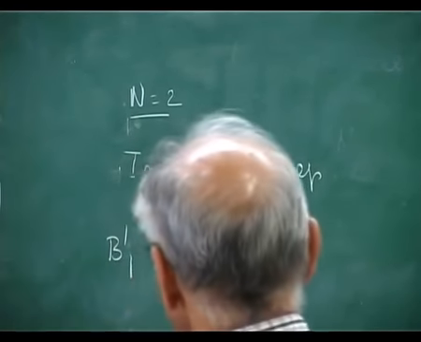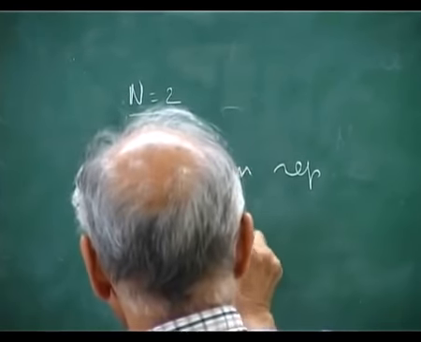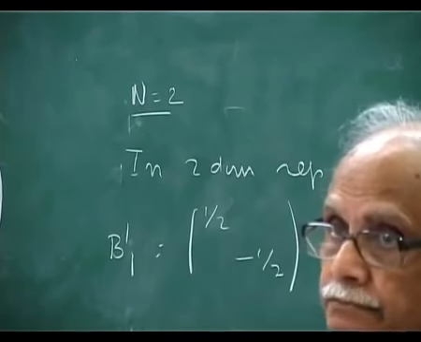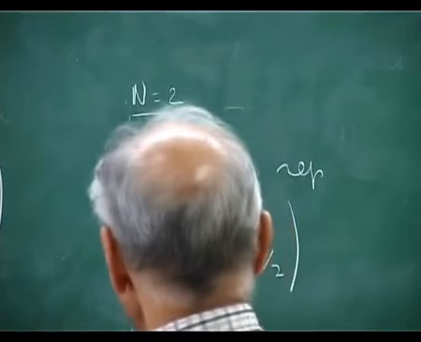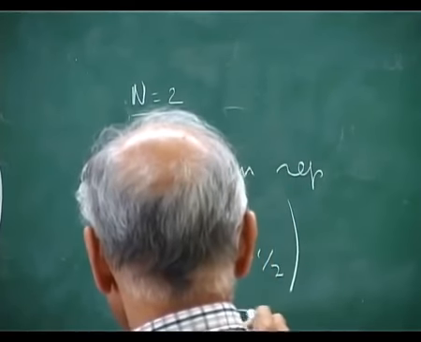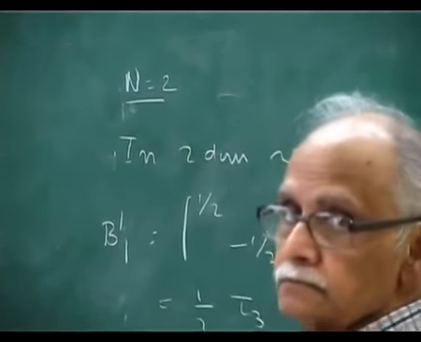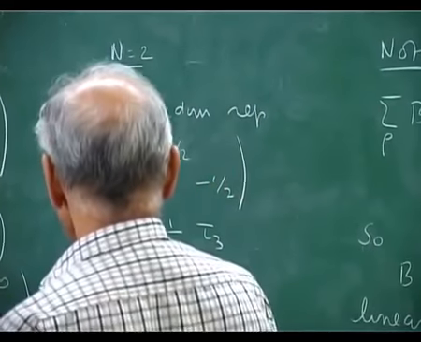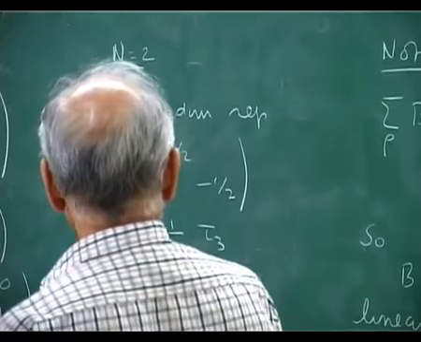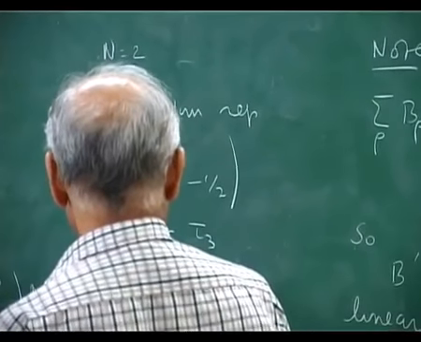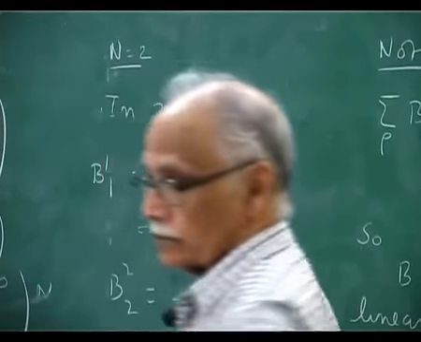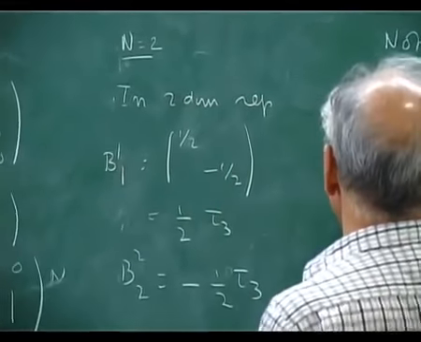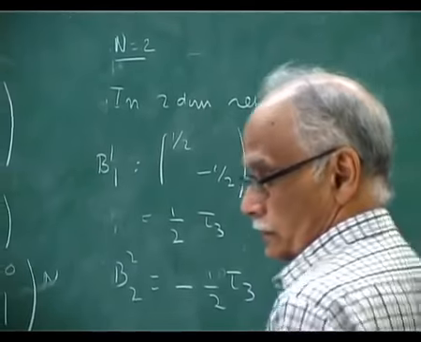From that kind of expression, it will be 1/2, minus 1/2. Okay. So this is what we would call as 1/2 of tau 3. And B22 will be minus 1/2 of tau 3. Because anyway the sum should be 0.